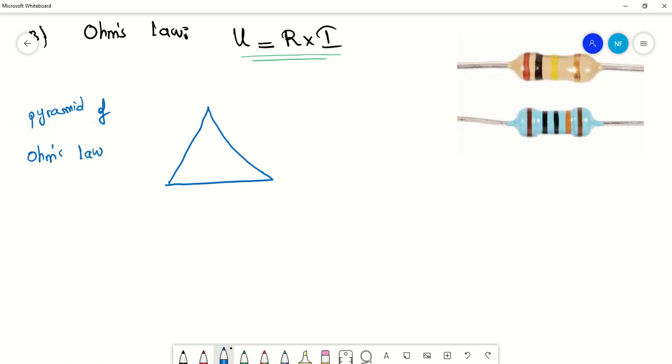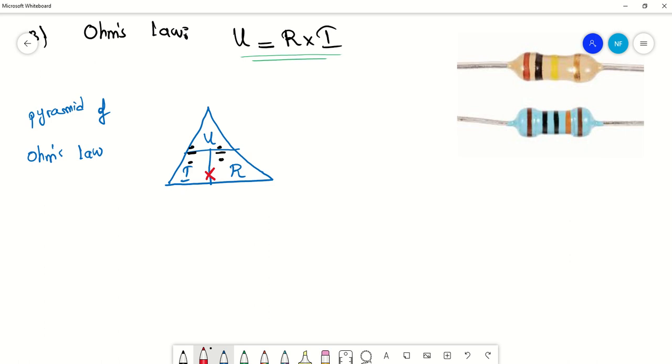It has U on top, and down it has I and R. Between the upper and lower parts we have a division. Same here, we have a division. Between the two parts below we have a multiplication.